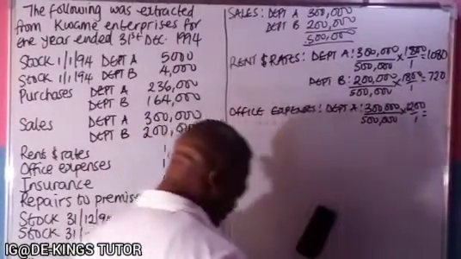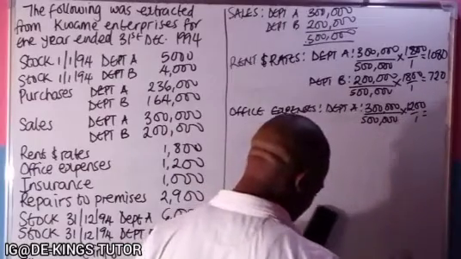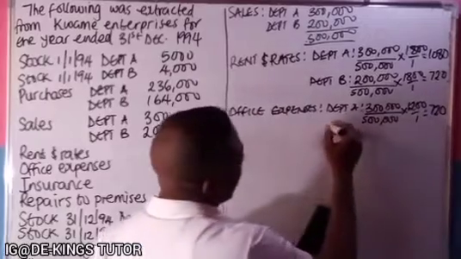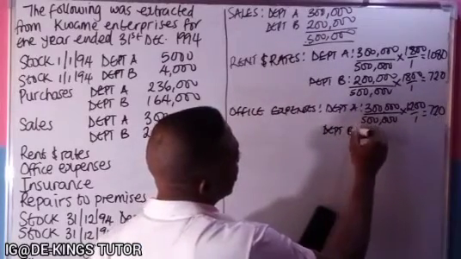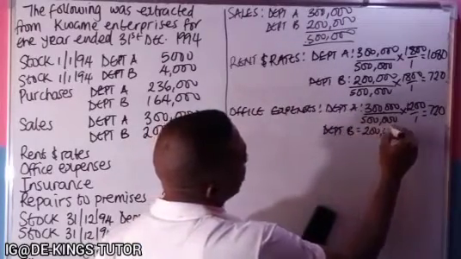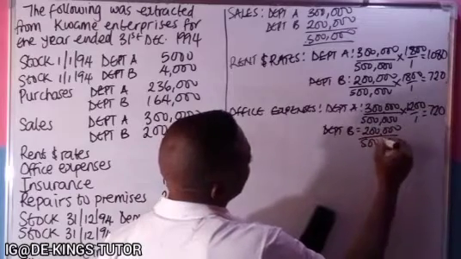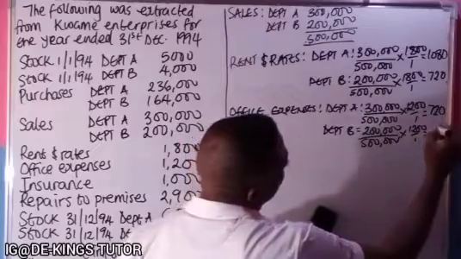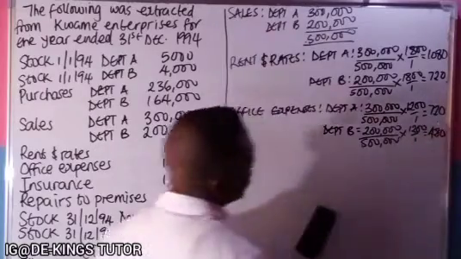So 300,000 divided by 500,000 times 1,200 will give us 720 with my calculator. For Department B, it is 200,000 divided by 500,000 times that same 1,200. It will give us 480.